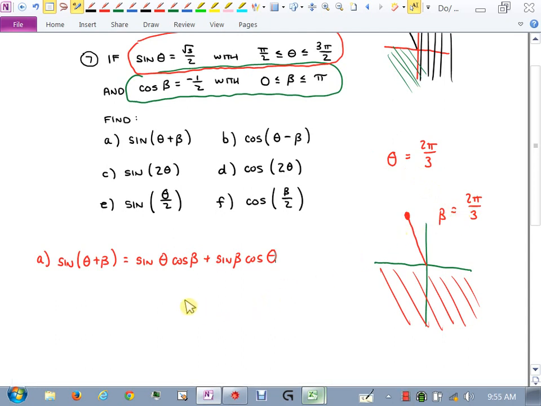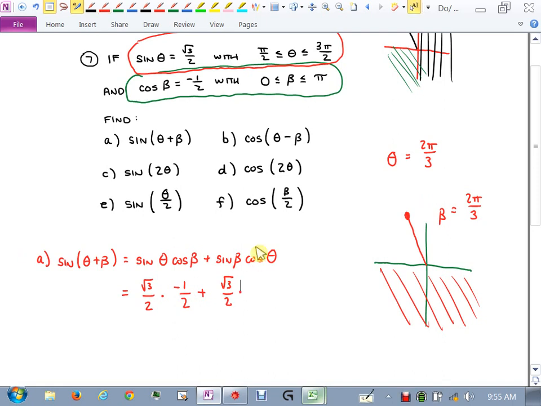Okay, so let's do this. What is sine theta for us? Well, theta is 2 pi over 3, right? Sine of 2 pi over 3, we already knew what that was: root 3 over 2. What's cosine beta? We knew that also. It was negative 1/2. Plus, now what's sine beta? Well, sine beta is sine of 2 pi over 3 again, which was root 3 over 2.